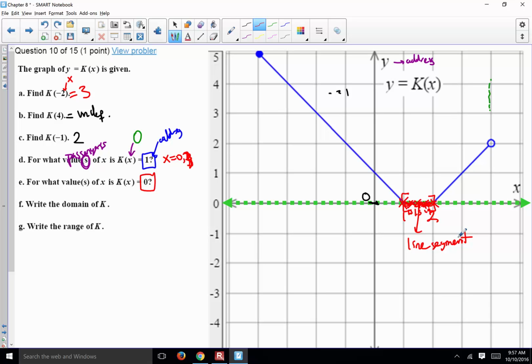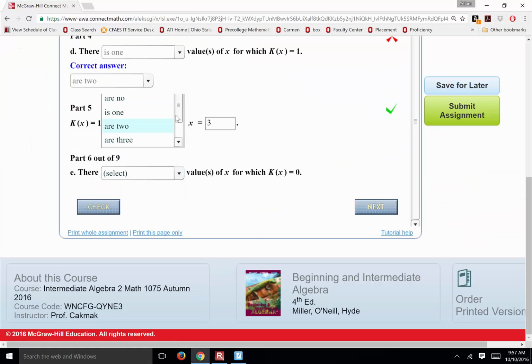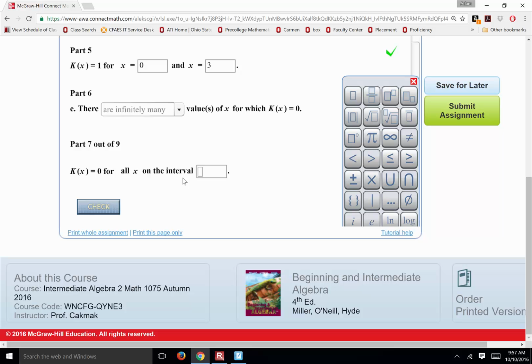So how do we represent line segments? How do you write them up? There are infinitely many numbers, but how do we represent all of them once in the answer box? The solutions here are infinitely many, and they are going to ask us to represent all those values making 0 in interval notation.